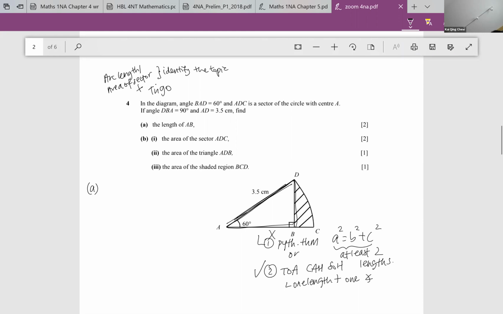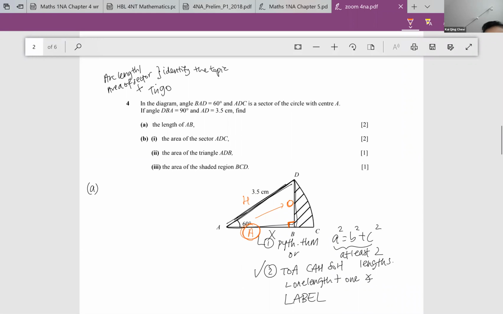All right, so I'm going to use SOH CAH TOA, but before that I have to label. Okay, so let's label first. Opposite the right angle is the hypotenuse. Opposite this known angle is the opposite, and then the last side is the adjacent. So I want to find AB.